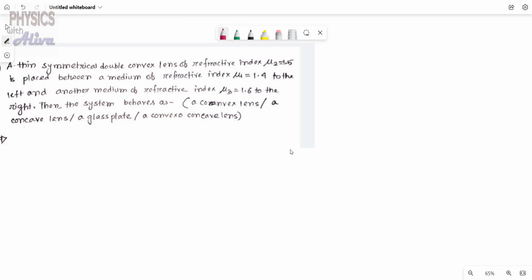So from the problem we can draw the picture. This is the lens. The refractive index of the lens is 1.5. And the refractive index of the medium to the left of the lens is 1.4, and the refractive index here is 1.6. So we will consider this lens as two spherical surfaces.